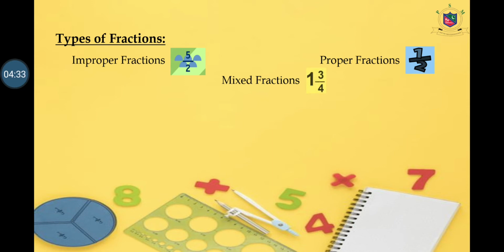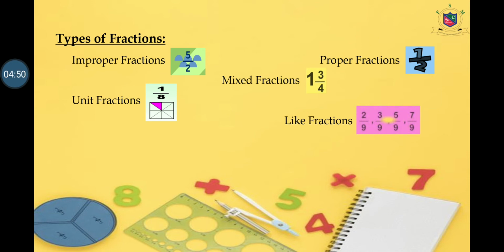Then the mixed fraction is the mixture of a whole number and a fraction. The next is the unit fraction. Whenever in any fraction we have 1 as the numerator, it is called a unit fraction.